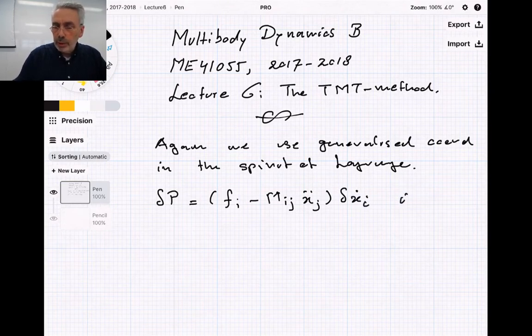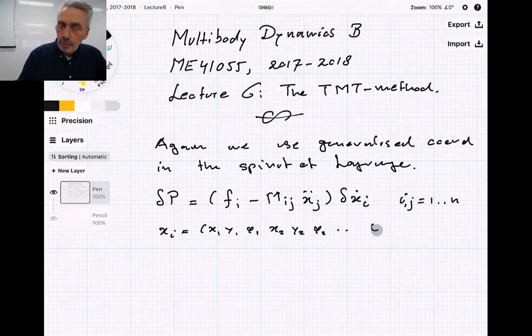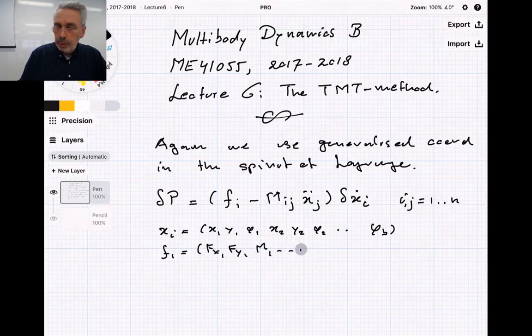Of course, i and j are running over as many coordinates as you have, and those coordinates are the positions of body 1, the position of body 2, and then you move on to the position of the last body. And likewise with those forces, we had those Fx of 1, Fy of 1, M of 1, and you continue until you have the last torque.